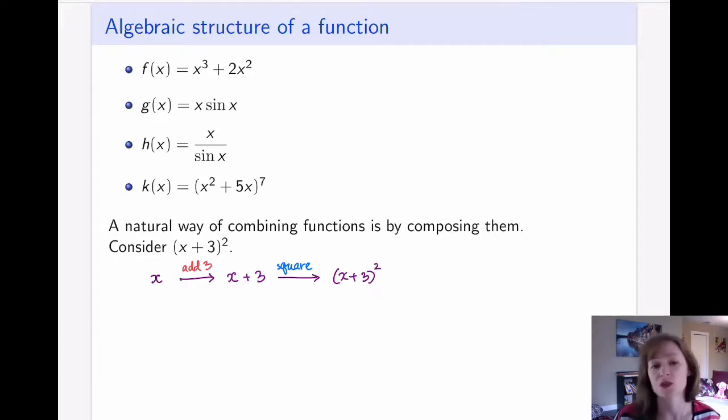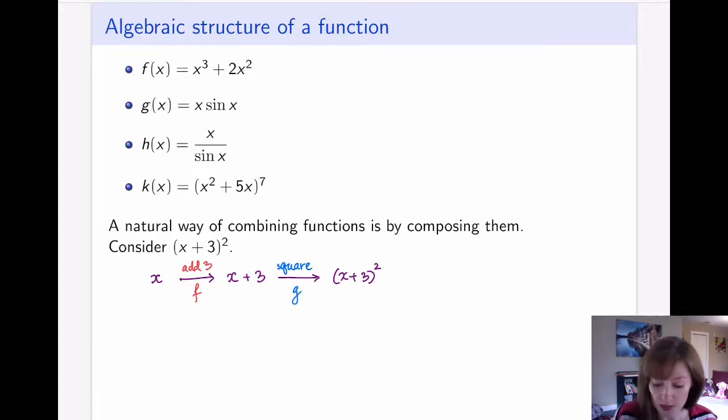Now, as opposed to giving them verbal names like add 3 and square, I can also give them much shorter names so that I can use the function notation. So let's say the add 3 function will be called f, and the square function will be called g.